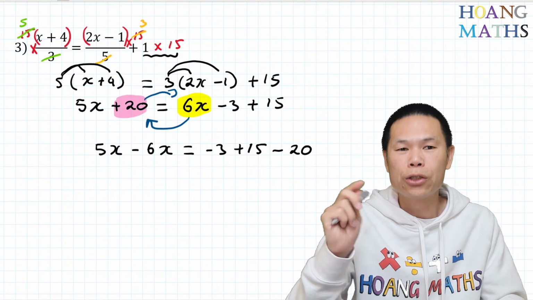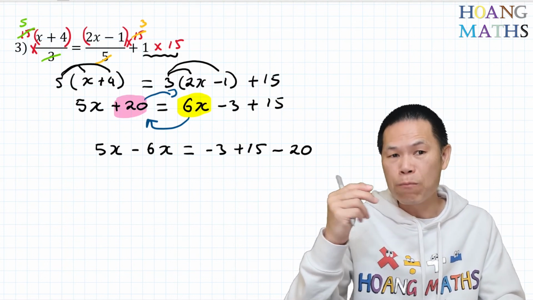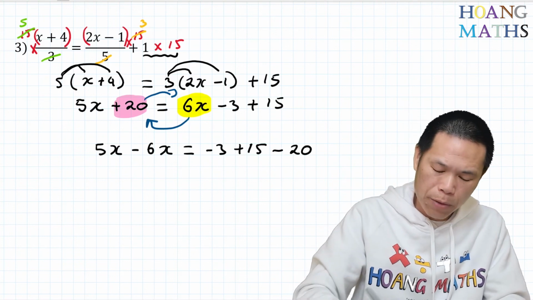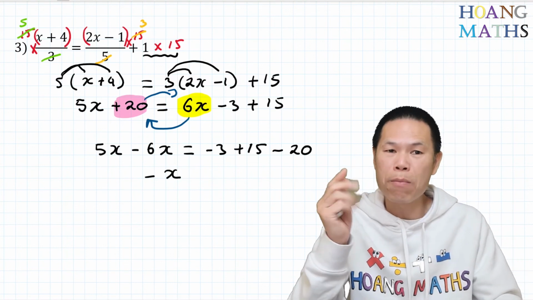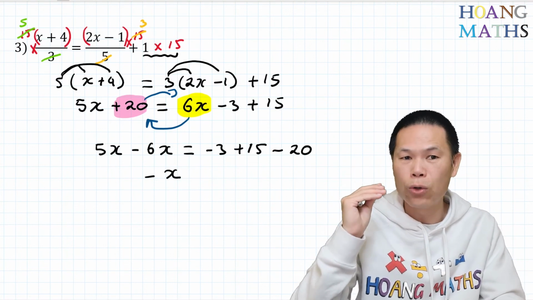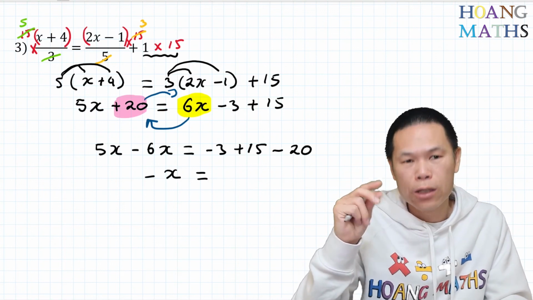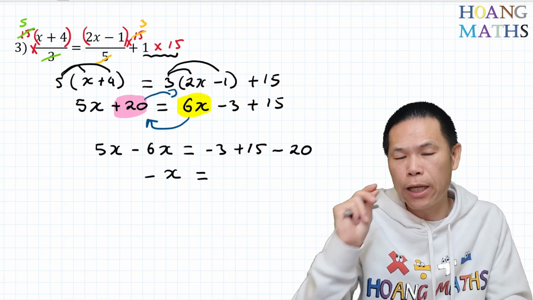So there you go. So now I'm just collecting the like terms. So you have 5 minus 6. So 5 minus 6 is negative 1. So that becomes minus 1x. But we do not write minus 1x. We just write minus x or negative x. Okay. So on the right hand side, what we do, we just go 15 minus 20 is negative 5.